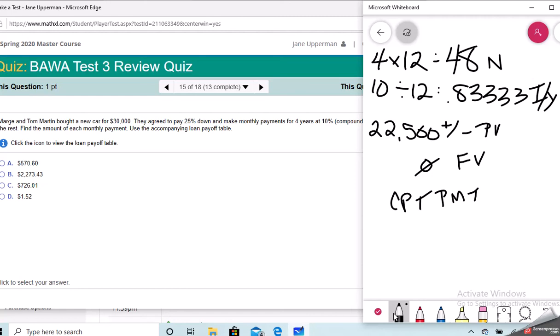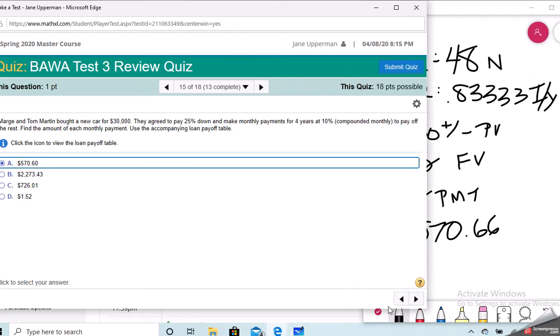So 48 is the N, 0.833333 is the IY, 22,500, make that negative, is our present value, zero out the future value, and compute the payment. So that's $570.66 if I round it. Now, so then again, a few cents off, it's going to be A.